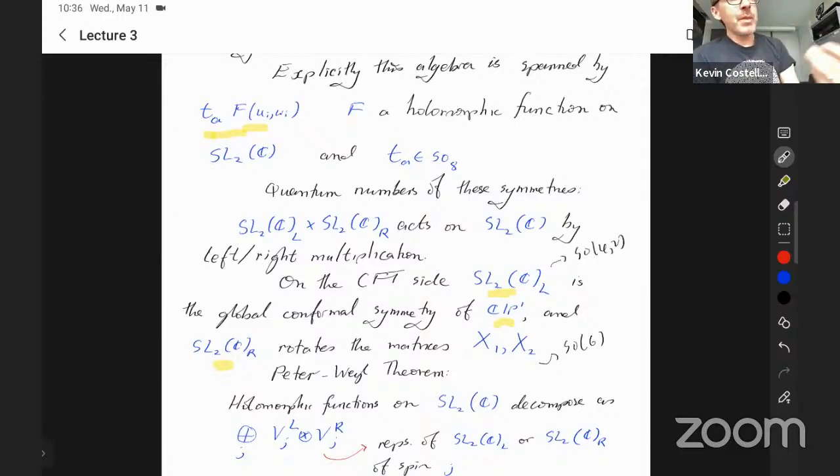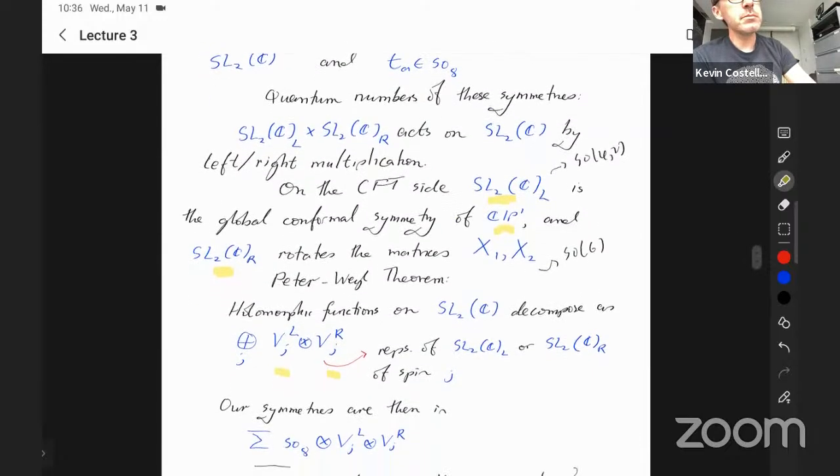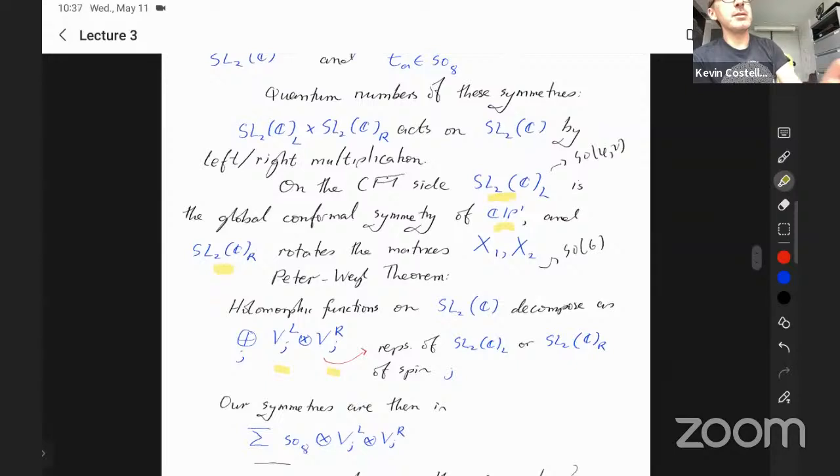It says that every holomorphic function can be expanded in modes, and the modes live in the tensor product of the spin J representation on the left with the spin J representation on the right. So our symmetries are then in the adjoint of SO8, tensor spin J on the left, spin J on the right. We should keep this in mind because we want to reproduce this from the CFT side.